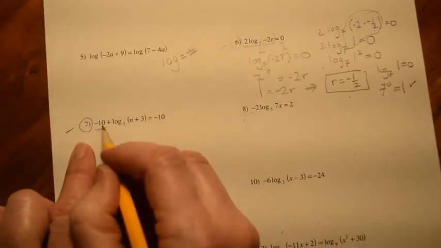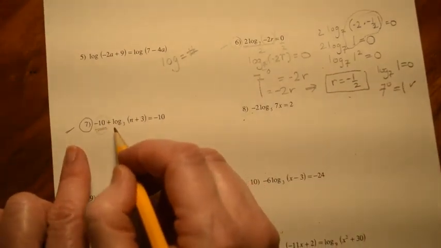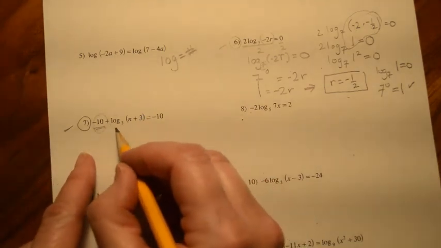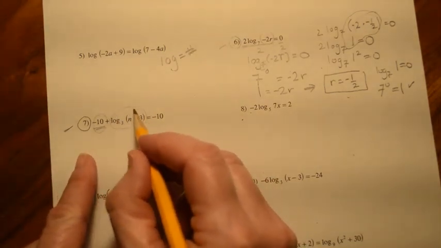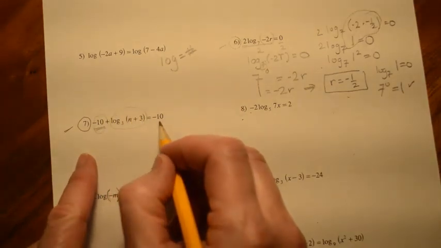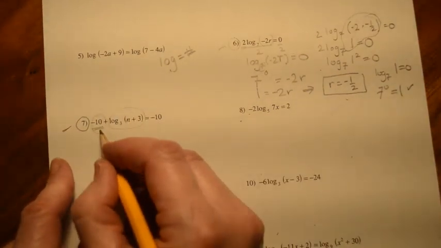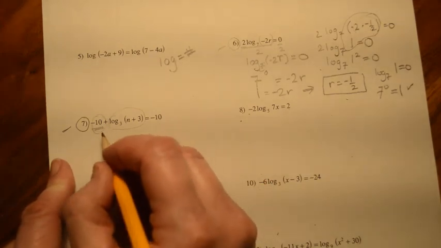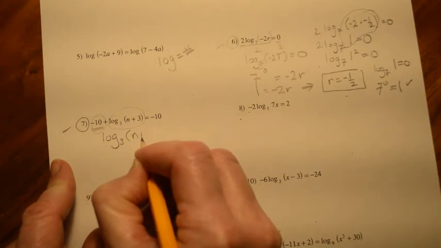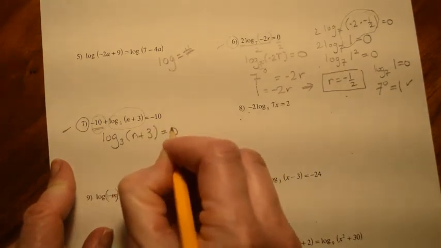Okay, so again, we've got this extra here. We're solving just like we would an algebra equation. We're trying to get the variable, which is right here, by itself. And so what we're going to do is bring this negative 10 over to the other side. So I'll add 10 to both sides. Then I'm going to end up with log base 3 of n plus 3 equals 0.